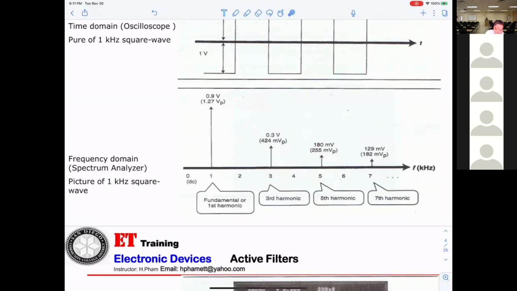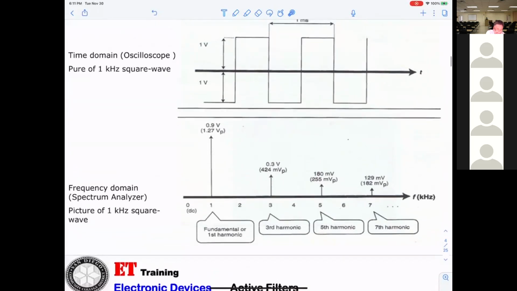Now, I get the question here telling me the basic definition for the bandwidth. What does bandwidth equal?